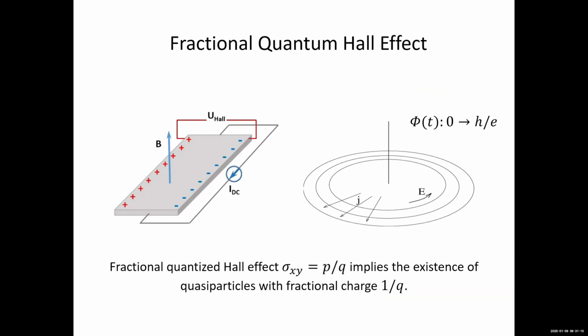And the net result is that you accumulate a charge, which is 1 over q times the electron charge e. And because one flux quantum can be gauged away, this implies that the system actually supports fractional charges p over q. And further, you can combine this fractional charge with the integer charge, and that immediately leads to the result: there exists a fractional charge, which is 1 over q.